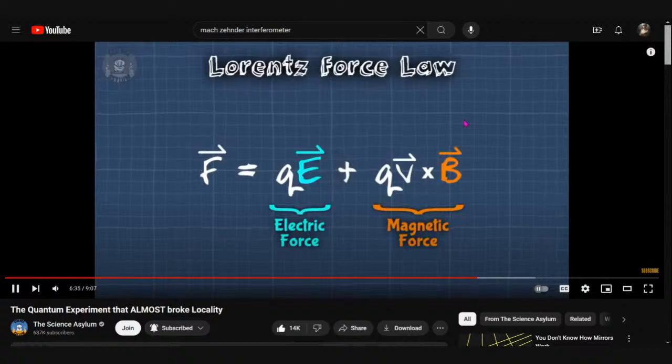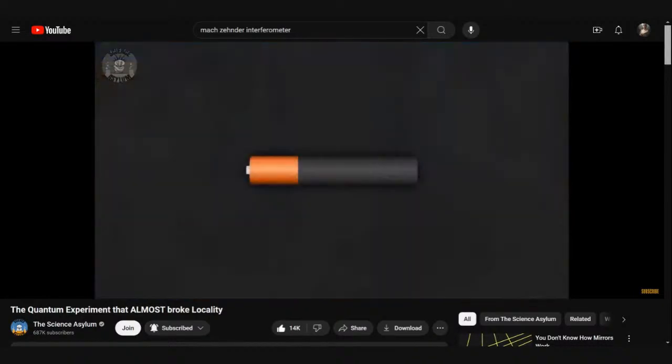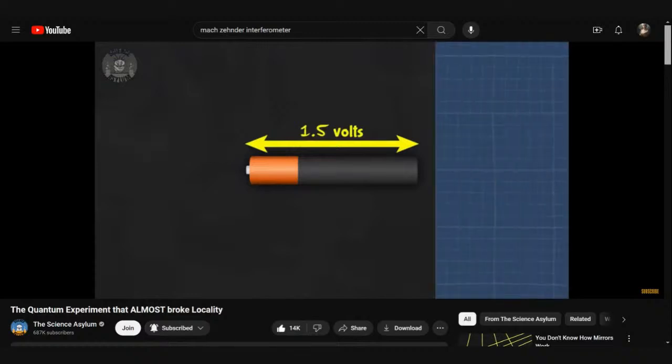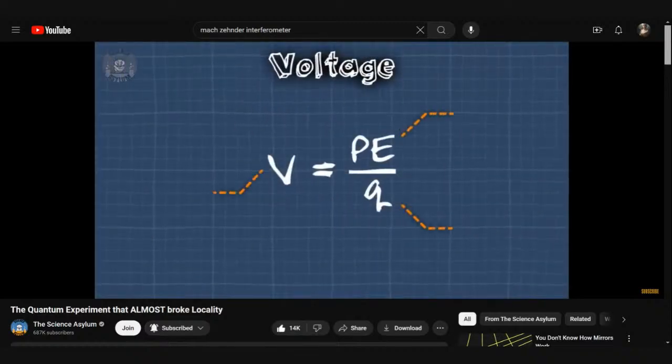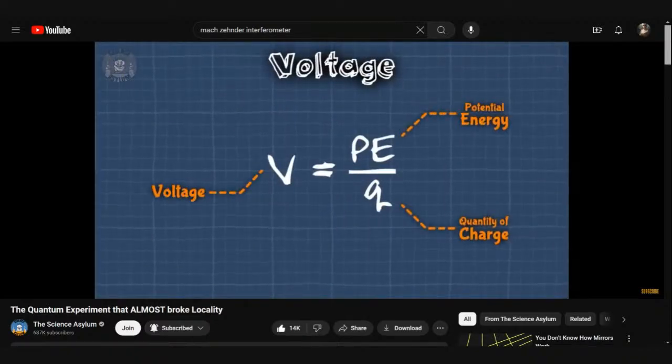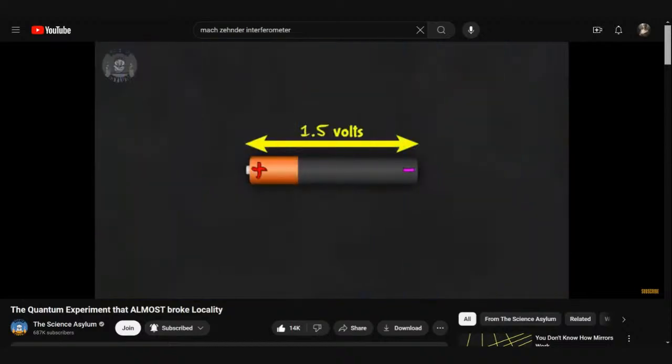To find an electromagnetic force. But forces are not the only way to look at a situation. Sometimes energy and momentum can give you a deeper insight. Take this battery, for example. It has a voltage of 1.5 volts, and a volt is just a joule per coulomb, an energy per unit charge. What that means is the energy at the positive end of the battery is 1.5 volts higher than the energy at the negative end of the battery. That number isn't just limited to those two locations, though.